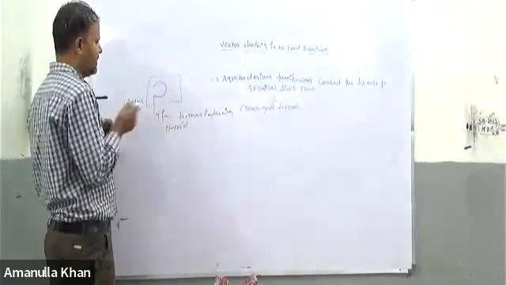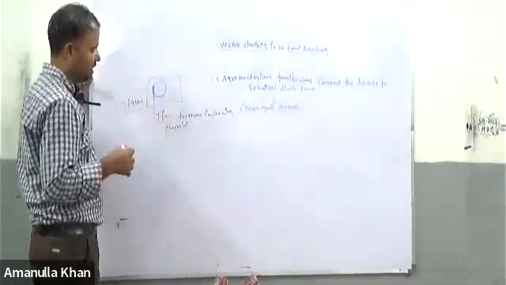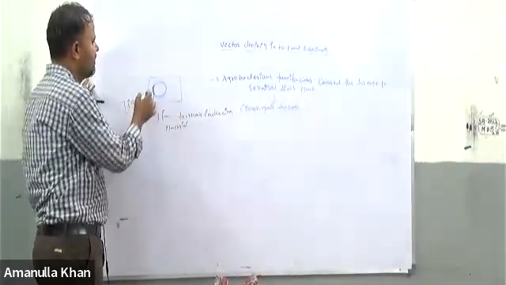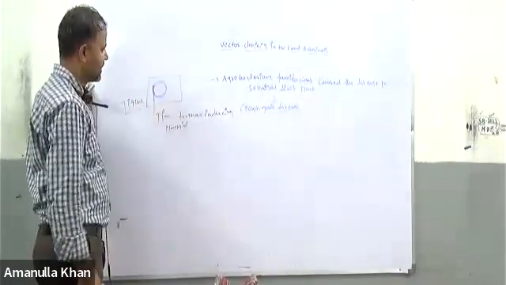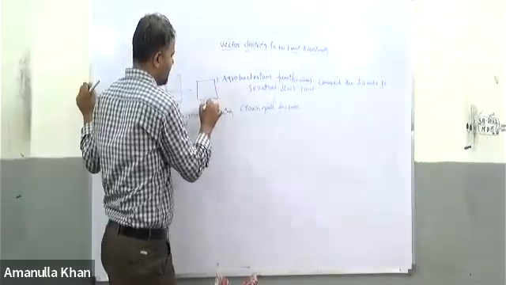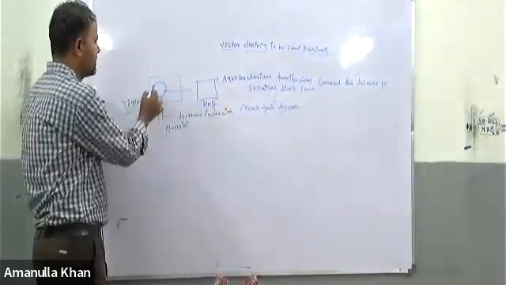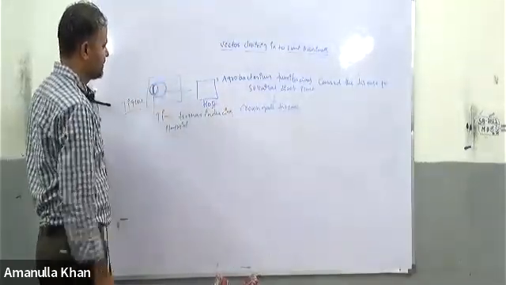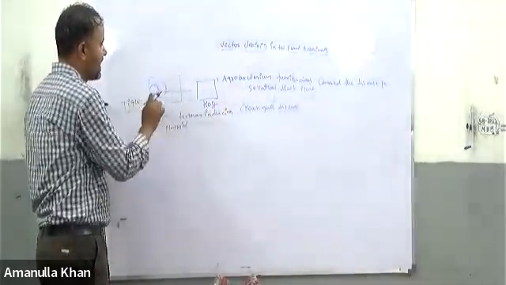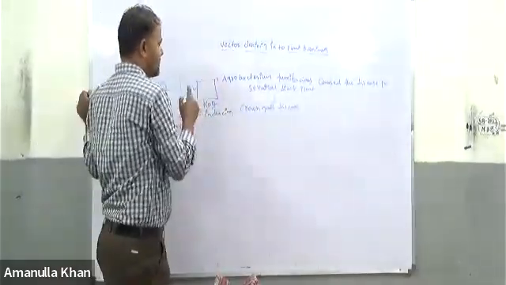The gene which induces the tumor is removed and replaced by the normal gene. Then that plasmid is introduced into the host cell, nothing but the plant. So does it cause the tumor? No, because we removed that gene. The Ti gene is removed. That's why it does not cause a tumor in that plant when we introduce that plasmid in the host cell. Okay, this is the one point.